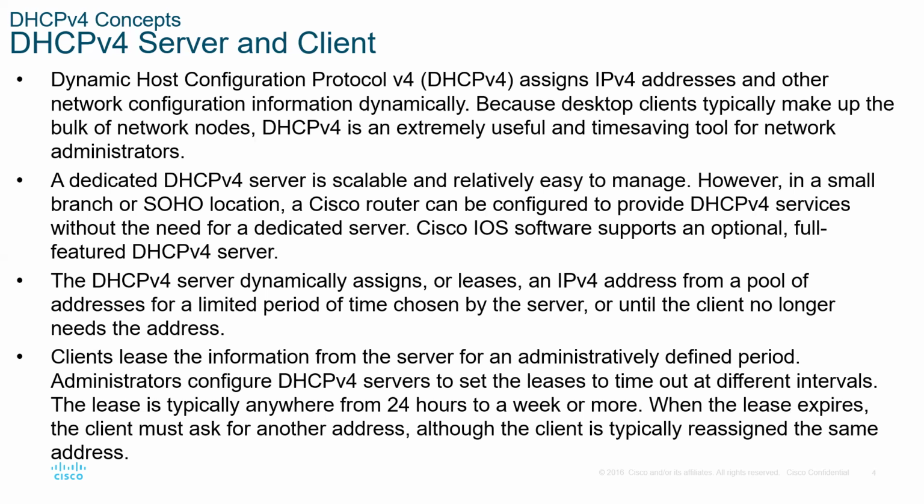There is a specific amount of time an end device, a host, is given before that address goes back to the pool, or before another request is made. So clients have to lease the IP addresses and every other piece of information that comes from the server.